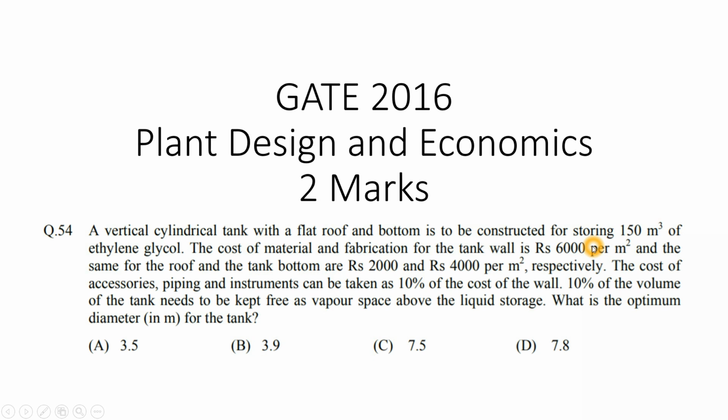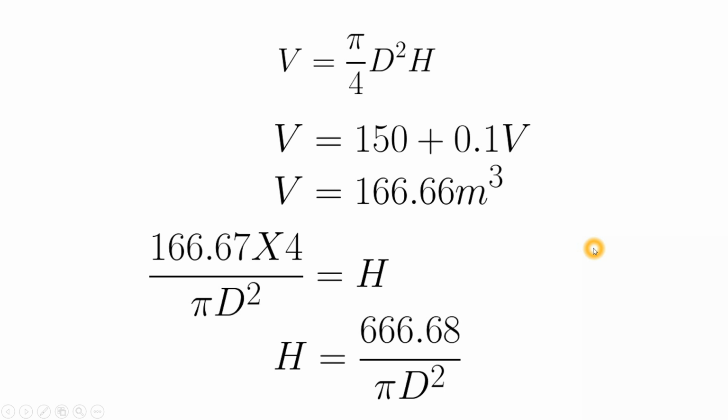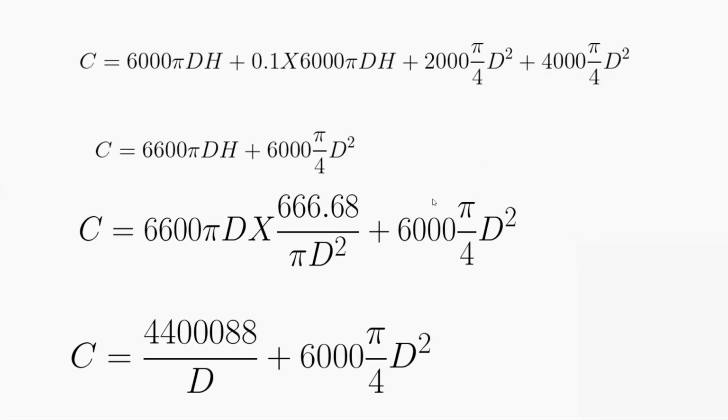So we know that for a cylindrical vessel, surface area of the wall is given as pi dh. So we will multiply with the 6000. You can see here it is in rupees per meter square. So when I multiply the area with this, then we get it in rupees, 6000 into pi dh.